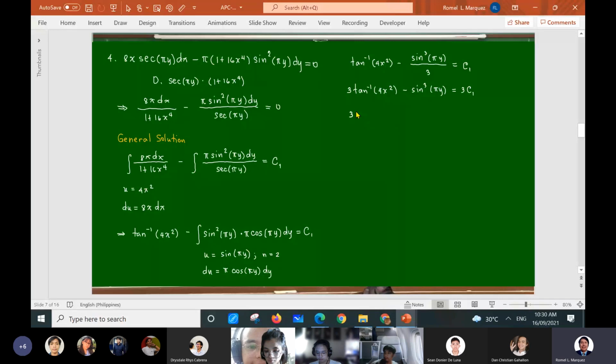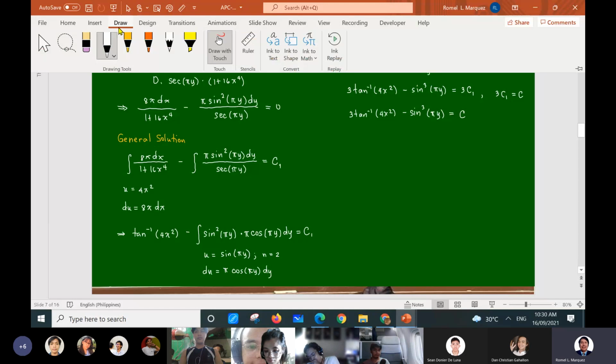I can simplify that arbitrary constant into what? Any suggestion, guys? By c, no? For simplicity, where 3c sub 1, we let it be c. So we have this. A question, children?